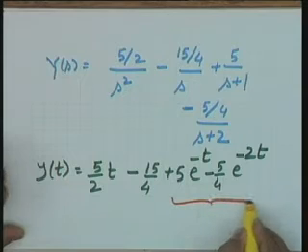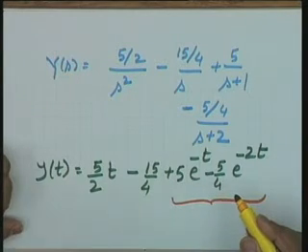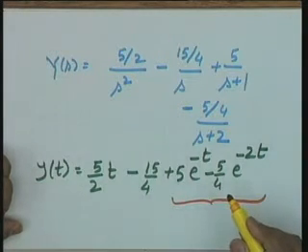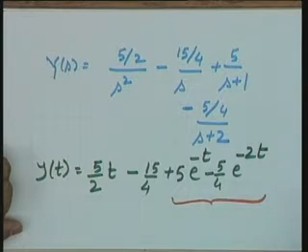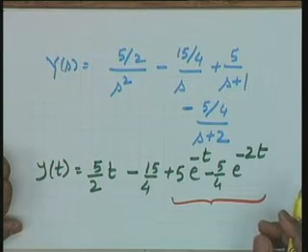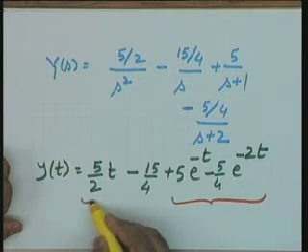Look at these expressions now. You will find that these are the terms contributed by the system poles, and these terms reduce to 0 as t tends to infinity. This is the transient component of the total response. Look at the other component.